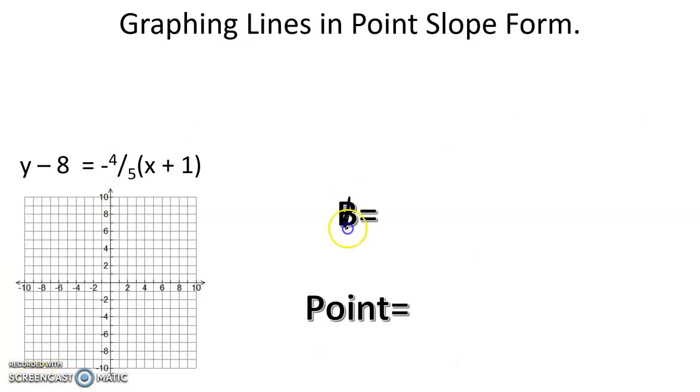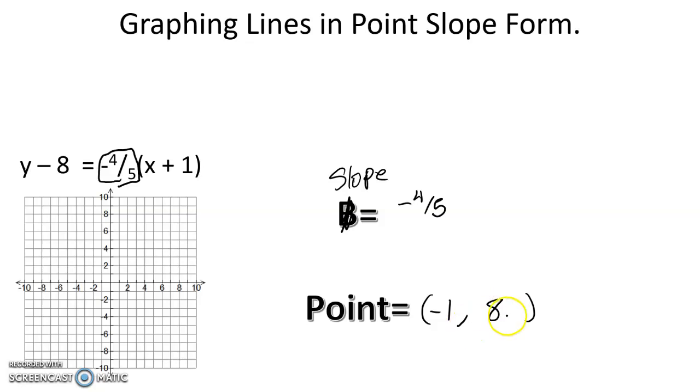So I have to identify my slope. Once again, that's this number right here, so it's -4/5. And then my point: my x is a 1, opposite of this, so -1. My y is going to be 8, but the opposite of -8 is +8. So I've got a point of -1, +8. I'll go ahead and graph that. I go left to the 1, and then up 8 right there.